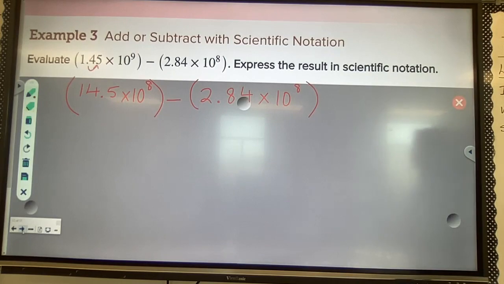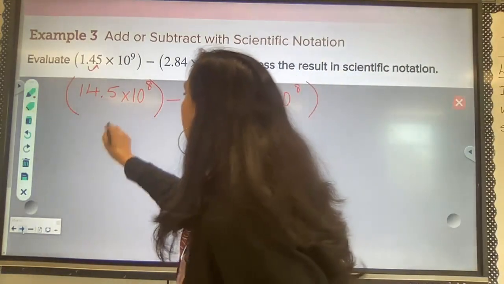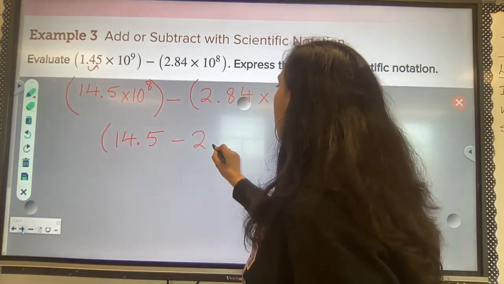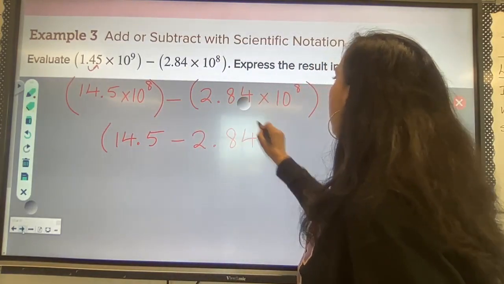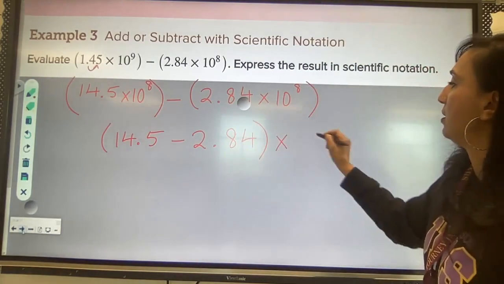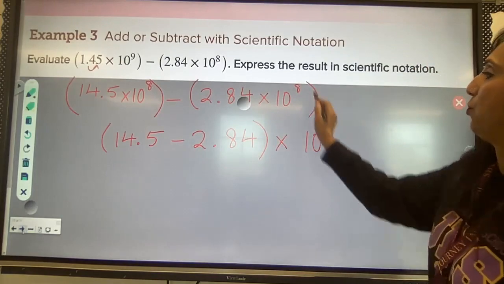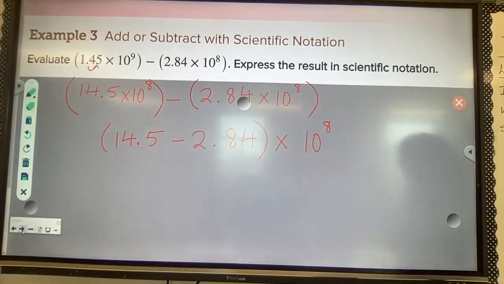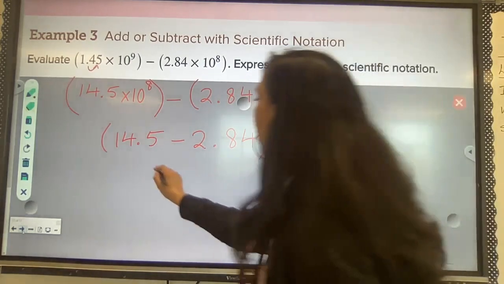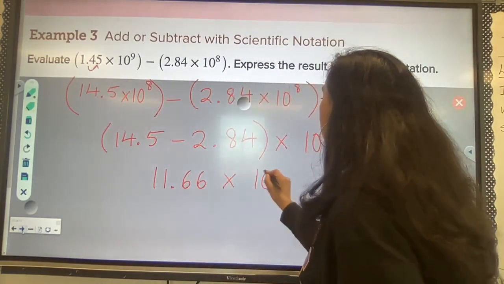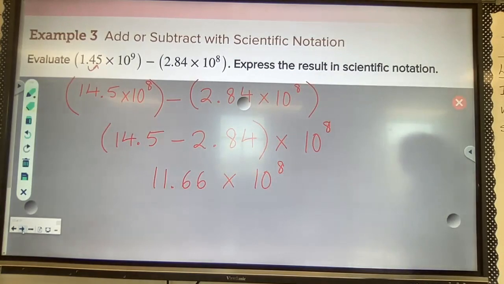Okay, and we are going to take 14 and 5/10 minus 2 and 8400 times, you can either write this because I have to show it, otherwise just 10 to the eighth power outside, and that would signify my distributive property. And then I'm going to subtract 2 and 8400 from 14 and 5/10, and I'm going to get 11 and 6600 times 10 to the eighth power.